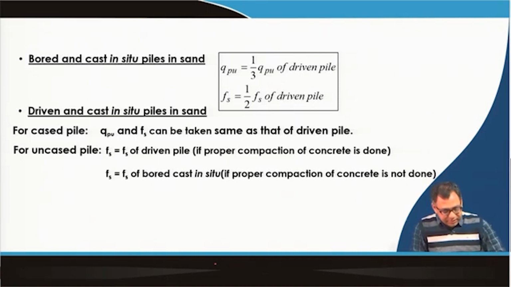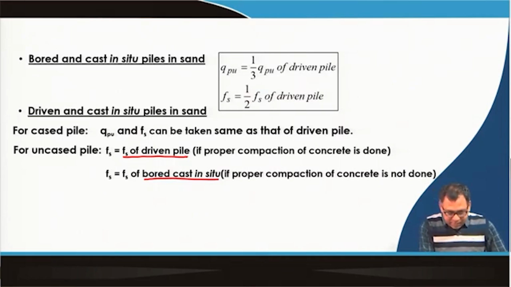And if it is cased. If it is uncased, then Fs will be Fs for driven pile and Fs will be Fs of bored cast in situ pile. So, this is clear that if it is uncased, then Fs will be Fs of the driven pile, that Fs we will get from the previous equations. And here if the proper compaction of concrete is done, then Fs will be equal to the Fs of the driven pile.